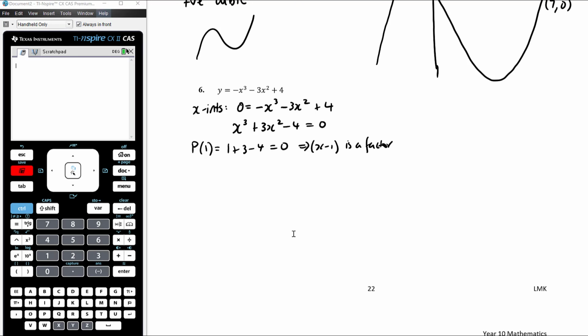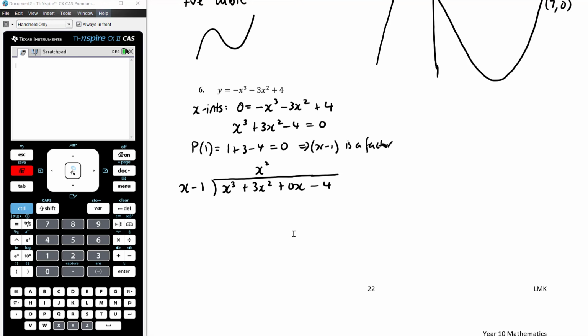Then once we've got our first factor, we divide it in. So x minus 1, and I'm focusing on solving this, so this is the cubic I want in here. I've changed the negatives around. So x cubed, and remember if you're missing a term, which we're missing the x term here, we're going to include 0x, so that when we do our subtractions, we're subtracting like terms. Hopefully now we're getting pretty good at our division. What do we multiply x by to get x cubed?